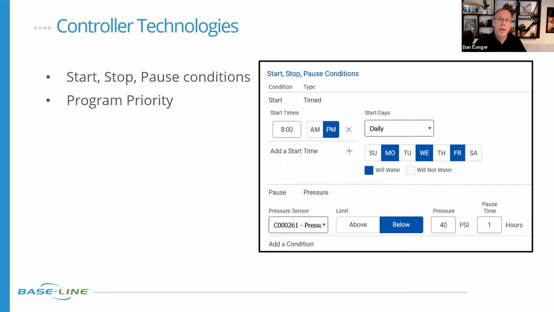So for application for drought, which kind of applies to your last image with those crop circles on there, I set up a pause condition based off of a pressure transducer. And I said, when the pressure drops below 40 PSI, I want it to pause for an hour and then check again. Why? The reason I did that, well, my rotors do best at 50 PSI.